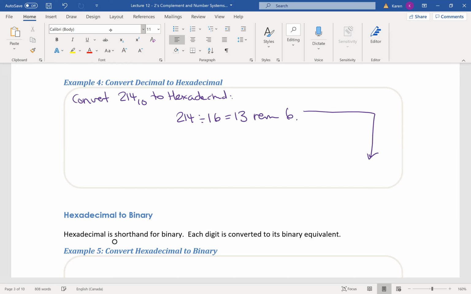Take that as my least significant digit. 13 divided by 16 is equal to 0, remainder 13. A 13 is represented by a D, and 6 is just represented by 6. So therefore, 214 in the decimal system is equivalent to D6 in the hexadecimal system.